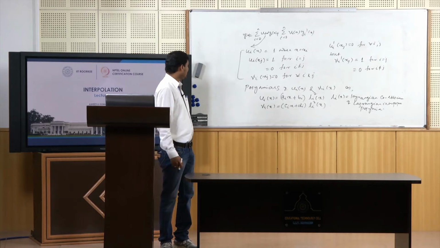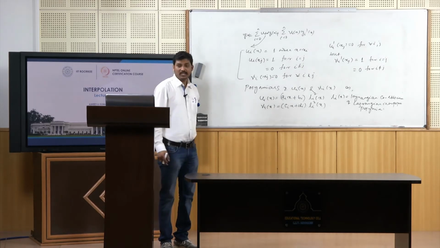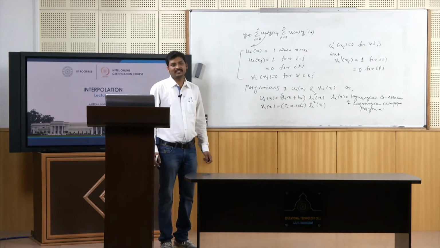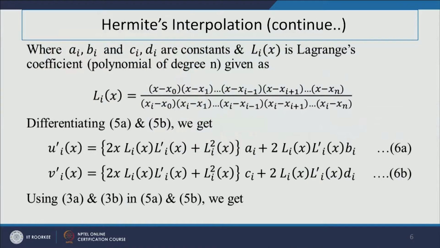Using this Lagrangian interpolating polynomial, we can determine these coefficients a_i, b_i, c_i, d_i from these polynomials u_i(x) and v_i(x) here.